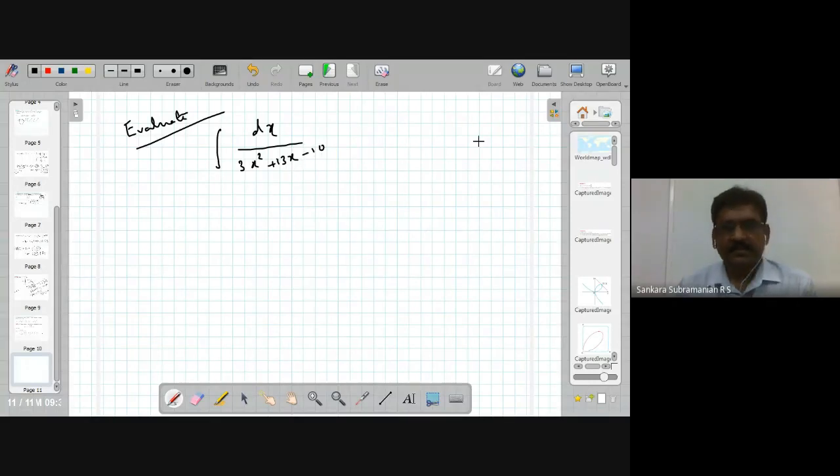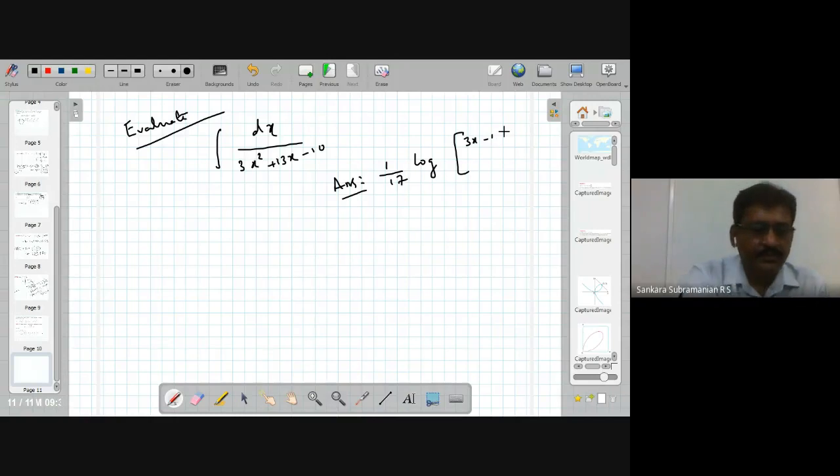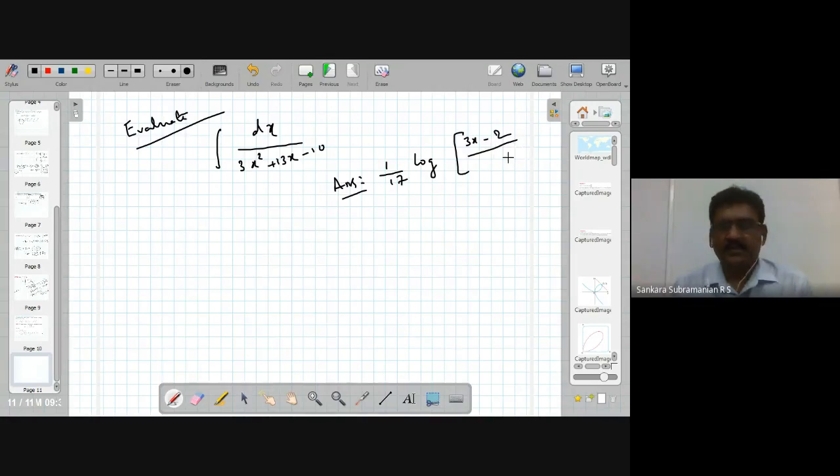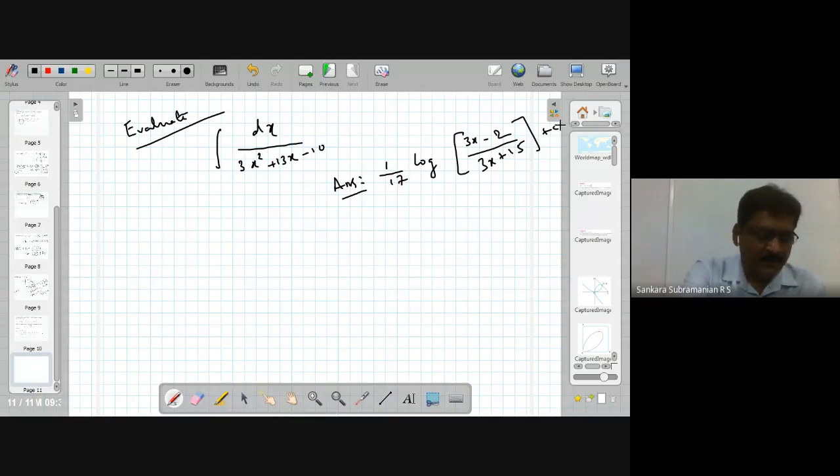The answer is 1 by 17 log of (3x minus 2) divided by (3x plus 15). You try this problem now using the method we have illustrated.